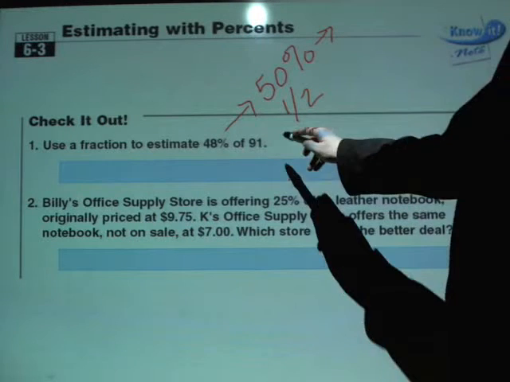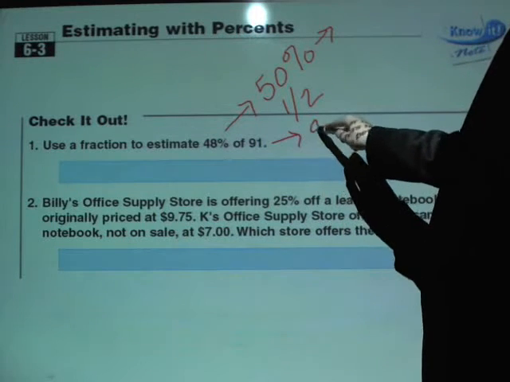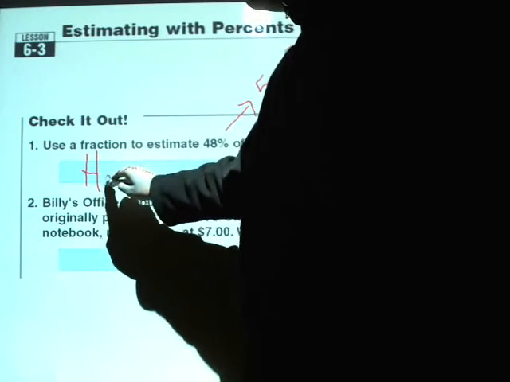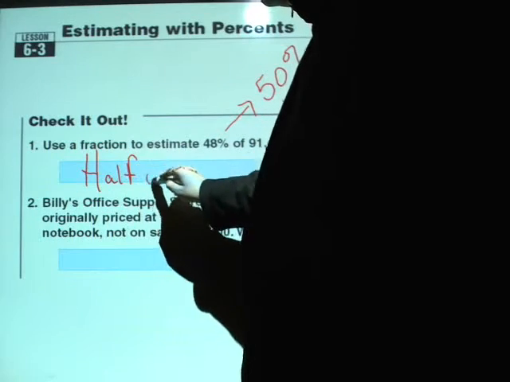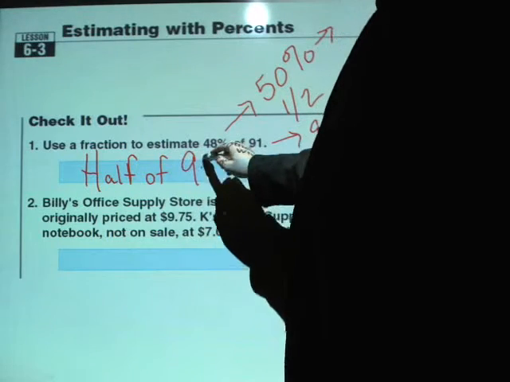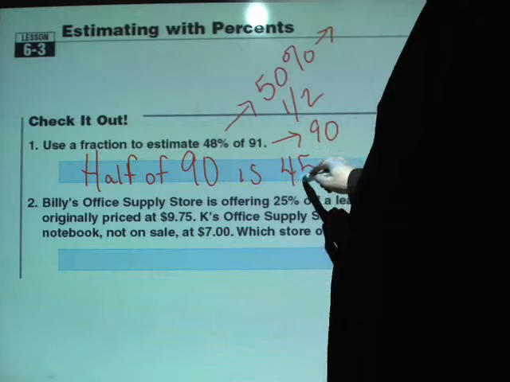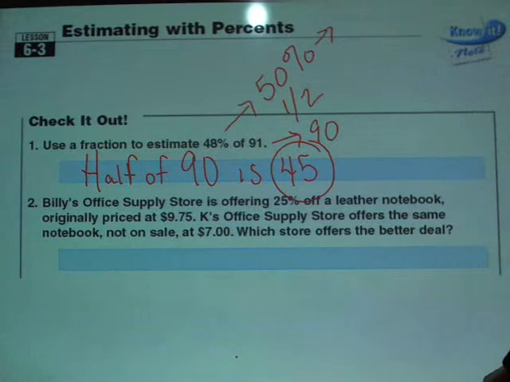So instead of working with 91, that's going to change to 90. So I'm really finding half of 90 here. Half of 90 is 45. And that's going to be my answer. I'm going to estimate 48% of 91 to be 45.